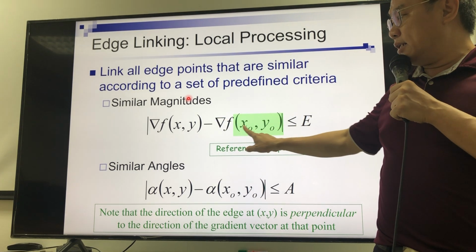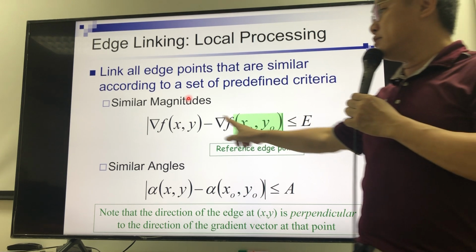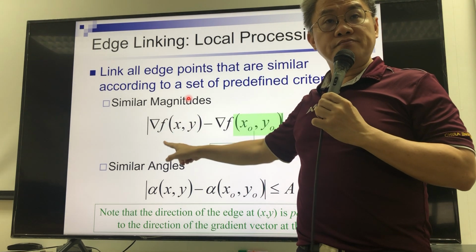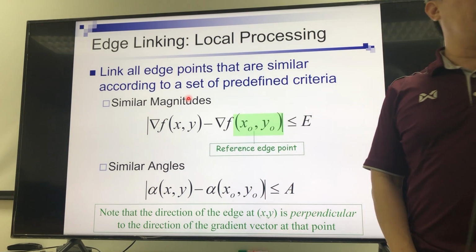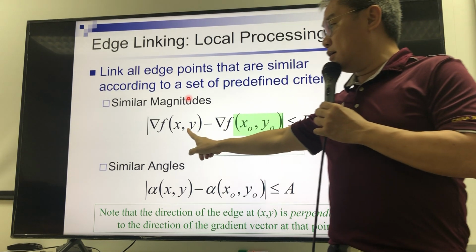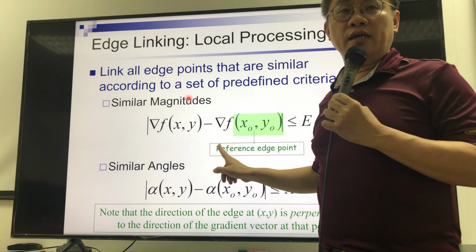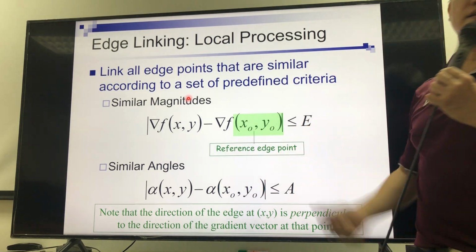The gradient of f at x0, y0 is the reference, and then you consider the surrounding edge points near x0, y0. If the surrounding edge points are similar, similar means the difference is less than a certain threshold.